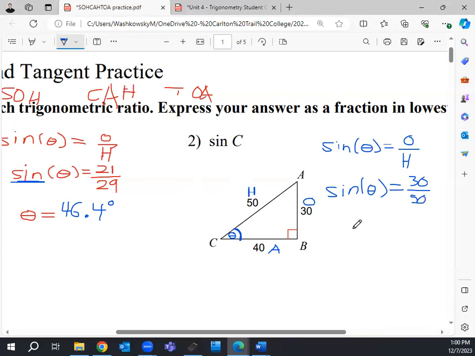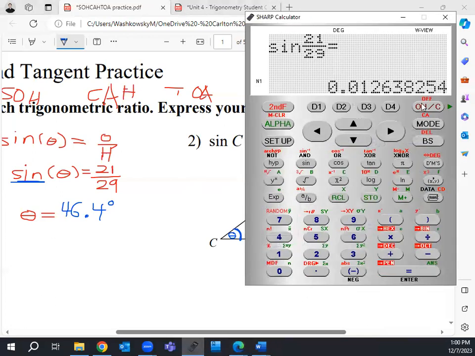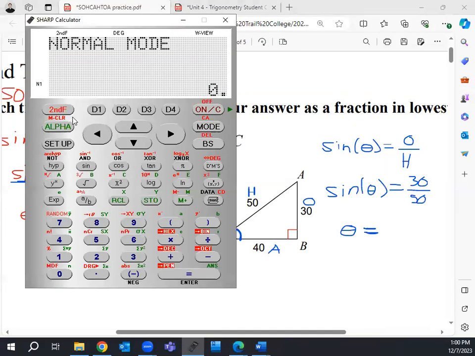And then I don't care about what sine of the angle is. I care what the angle is. So I need to get rid of this sine. I need to divide by sine, but that breaks my calculator. So instead, we use the second function. So second function, sine, then put your fraction in, 30 over 50.